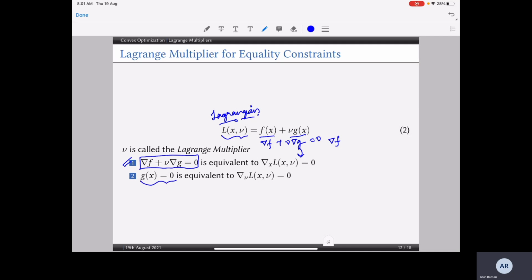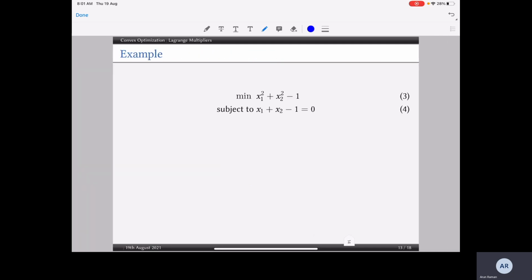So if we take the gradient with respect to nu, since f does not depend on nu, what we are left with is g(x) equal to 0. So these two conditions can be represented in terms of one single function, that is the Lagrangian function. Next, we just look at one small example.